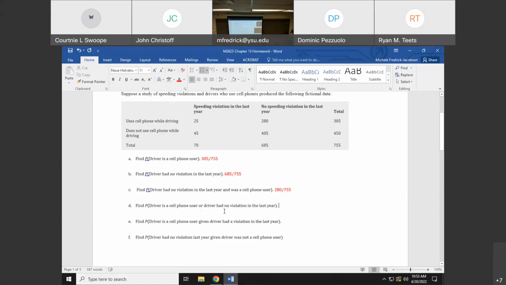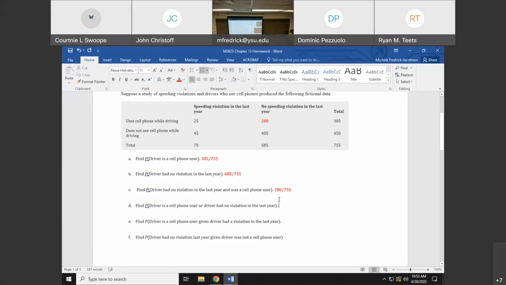But if we also do driver had no violations, we're putting this part here in twice, because we're going across uses the cell phone and we're coming down no violations. It's getting added in twice.